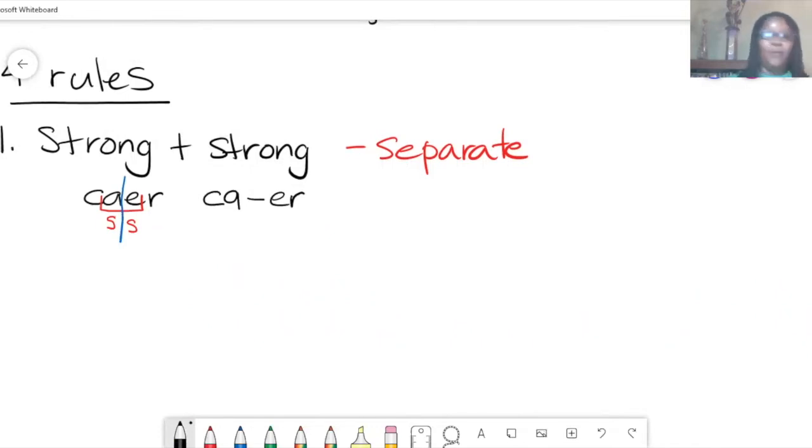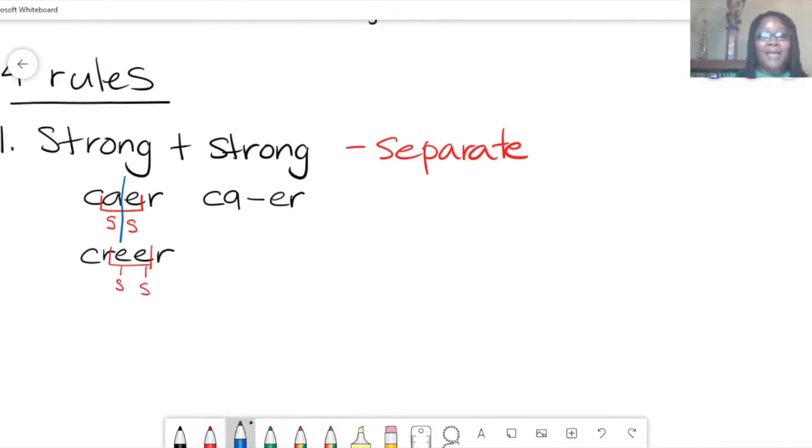Another example that we could use, this is an interesting one: creer. Again, we have two vowels coming together and they're both the same, but it doesn't matter. E is a strong vowel, E is a strong vowel.